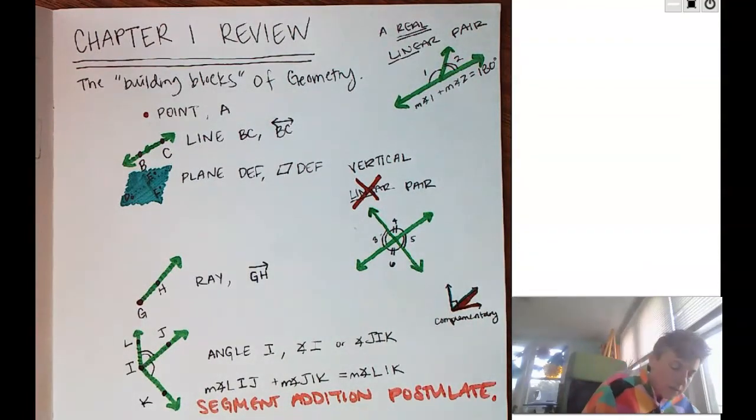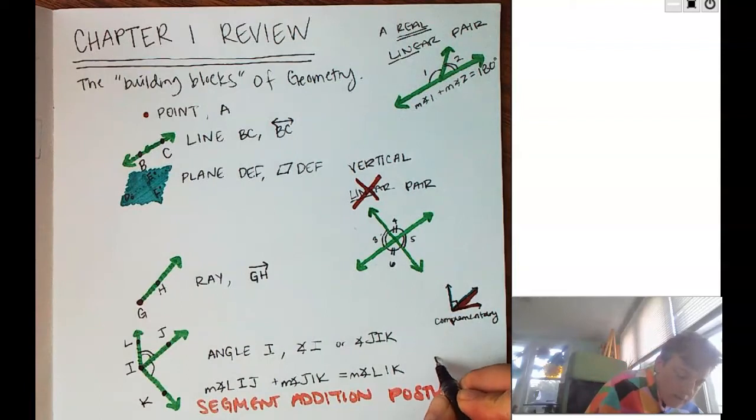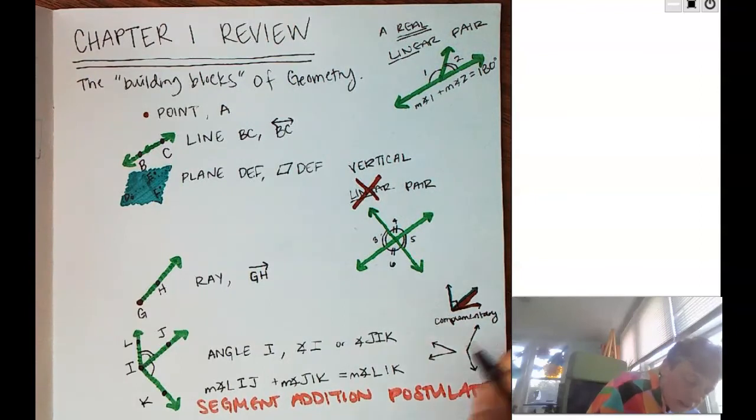Or two angles that add up to be a straight line as far as degrees are concerned. Like, let's say that's 30 degrees and that's 150 degrees.